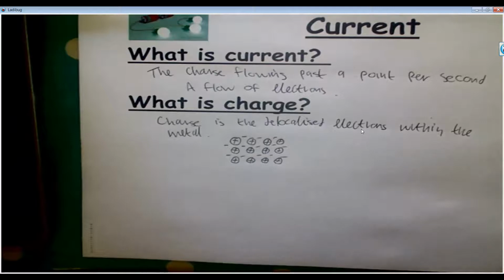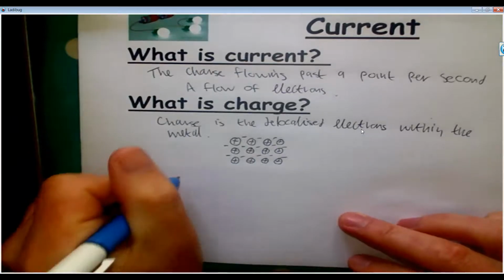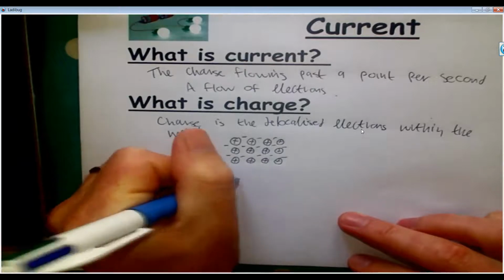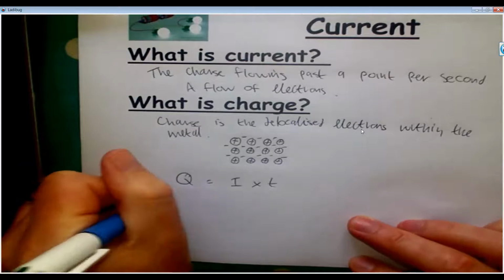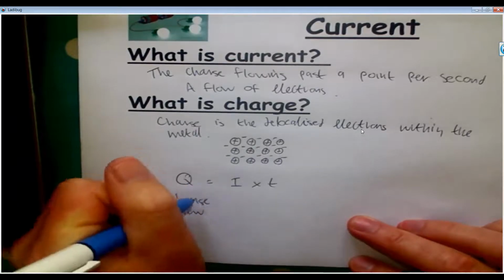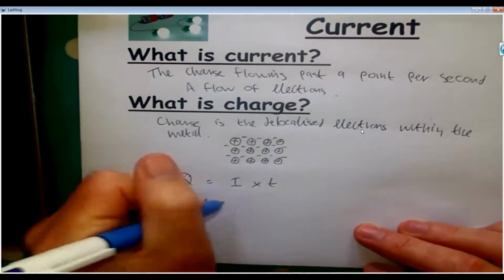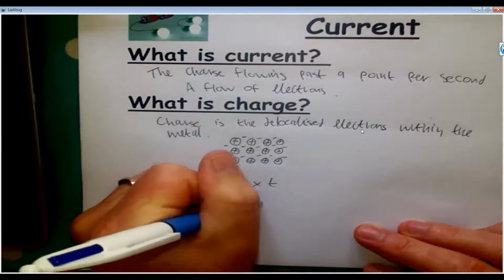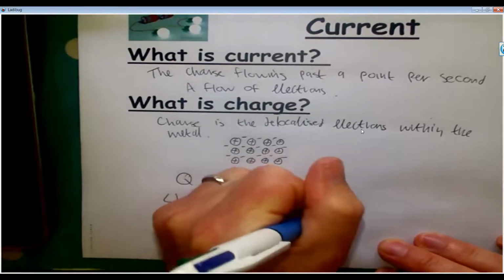Now, there's also an equation which summarizes and explains how current and charge are actually linked. And this is how we write it. Q equals I times T, or charge flow, so that's charge, equals current multiplied by time.